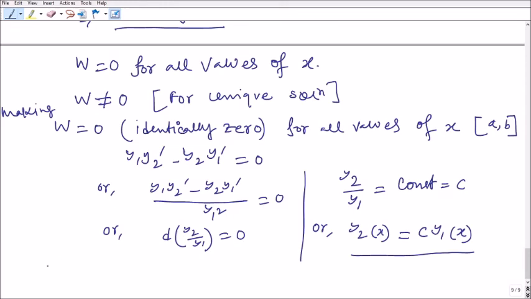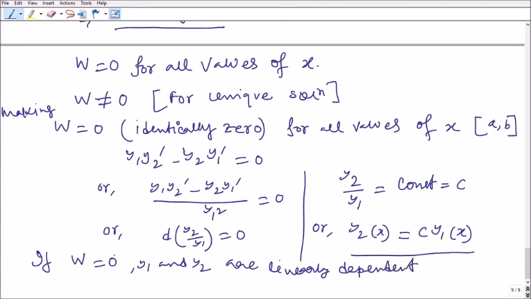So if w is equal to 0, then y1 and y2 are linearly dependent, and if w is not equal to 0, then we can say y1 and y2 are linearly independent.